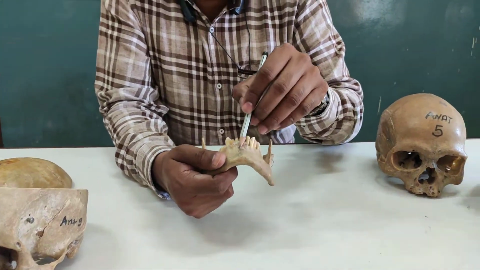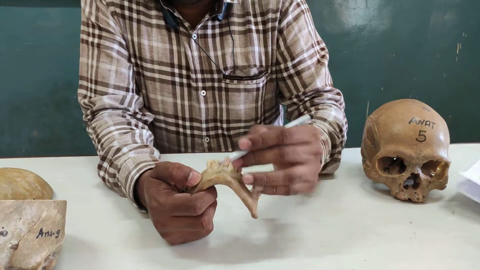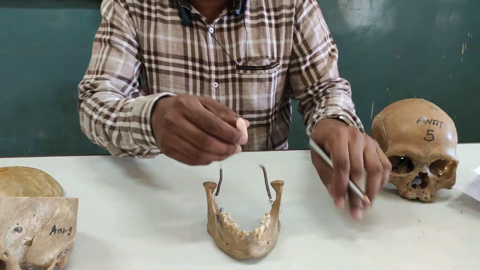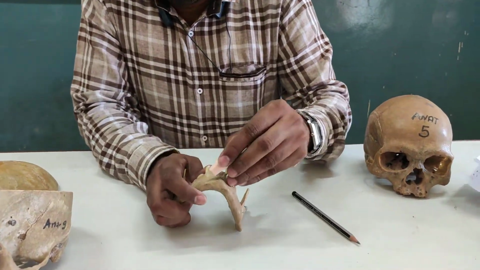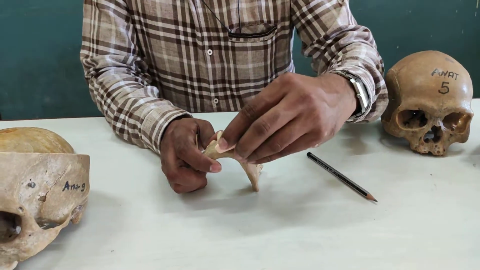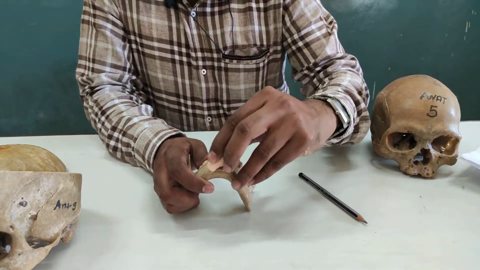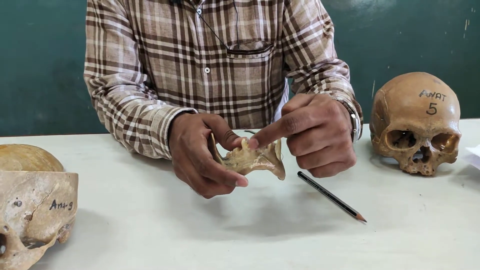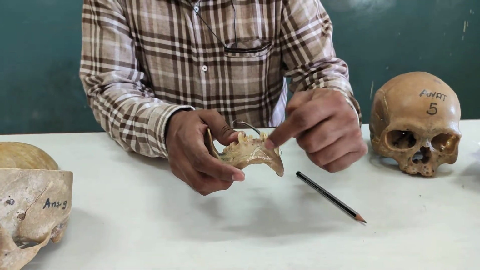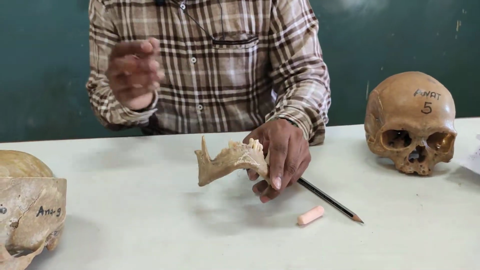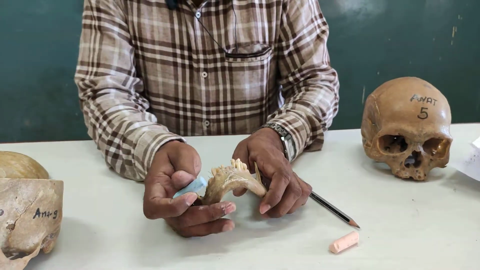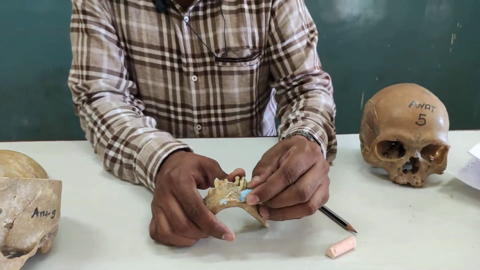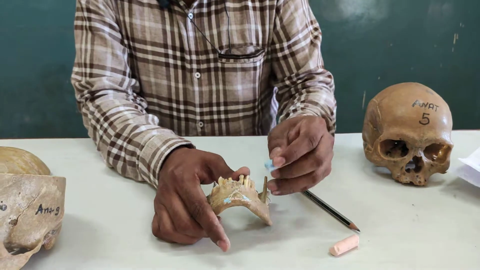So this is known as symphysis menti, and a triangular area here on symphysis menti is known as mental protuberance, and two tubercles inferolateral to it are known as mental tubercles.